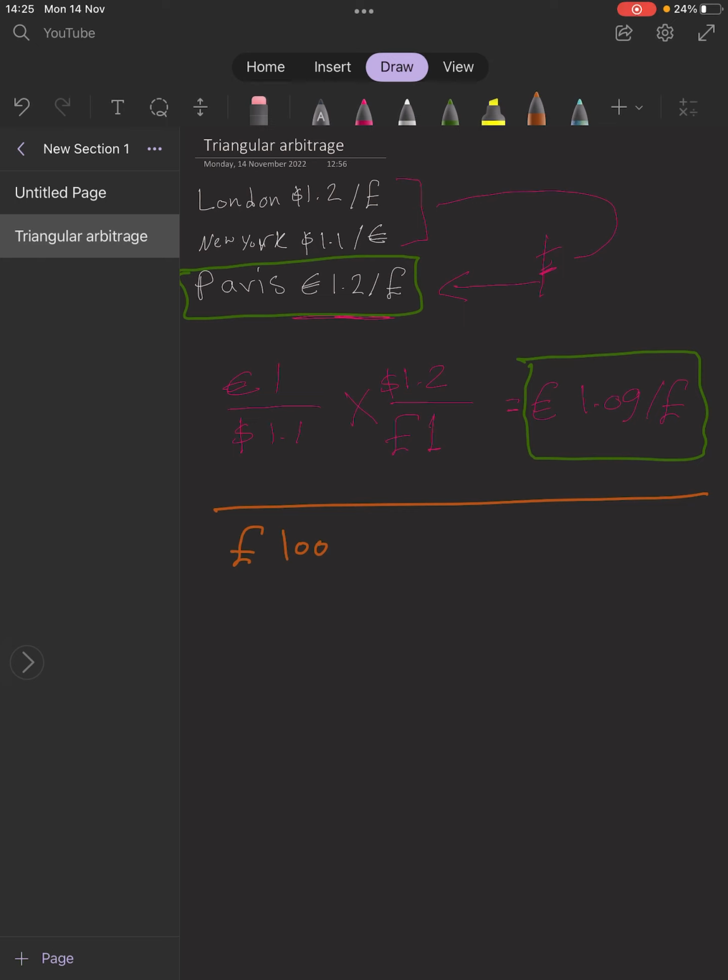What he's going to do is transfer his amount of money, the £100, into euros or US dollars, doesn't matter. So we will say we will transfer it into euros. What's going to happen?